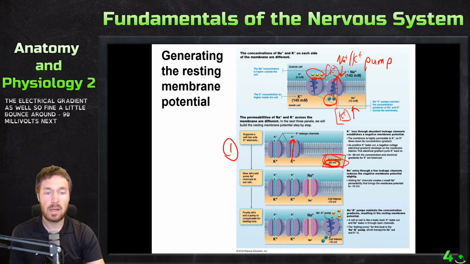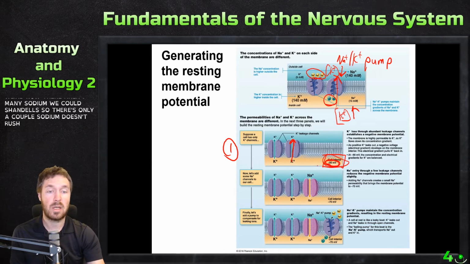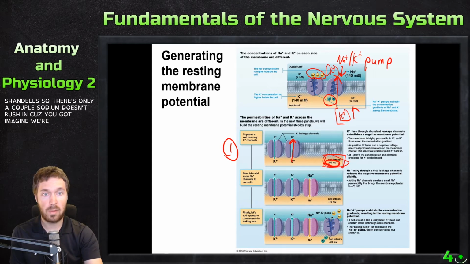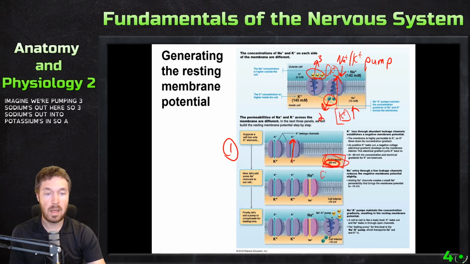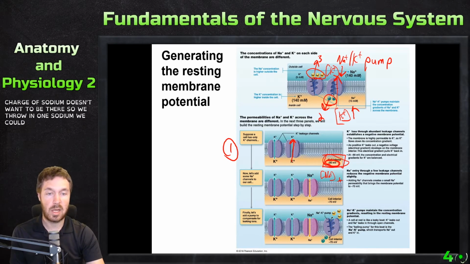Next, we add a sodium leakage channel. Now, there aren't many sodium leakage channels. There's only a couple, so sodium doesn't rush in. Because you've got to imagine, we're pumping 3 sodiums out and 2 potassiums in. So there's a high concentration of sodium outside and a positive charge. So we throw in a sodium leakage channel.